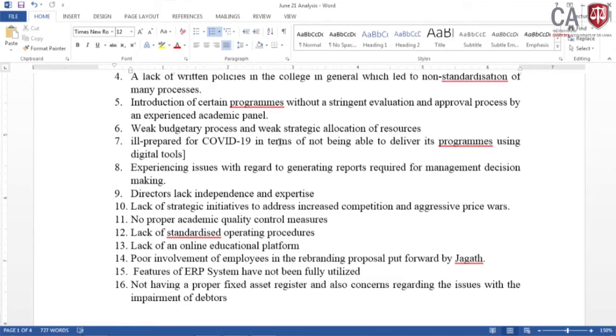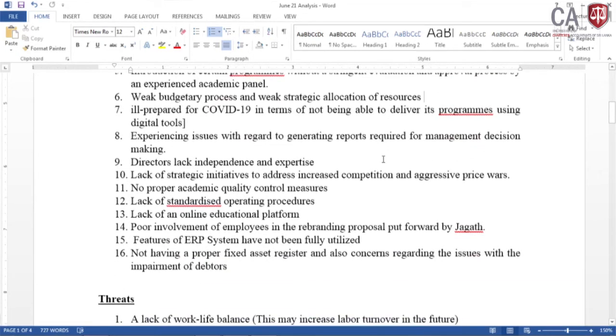Then weak budgetary process and weak strategic allocation of resources. We do not have a strong budgetary process. Then ill prepared for COVID-19 in terms of not being able to deliver its program using digital tools.